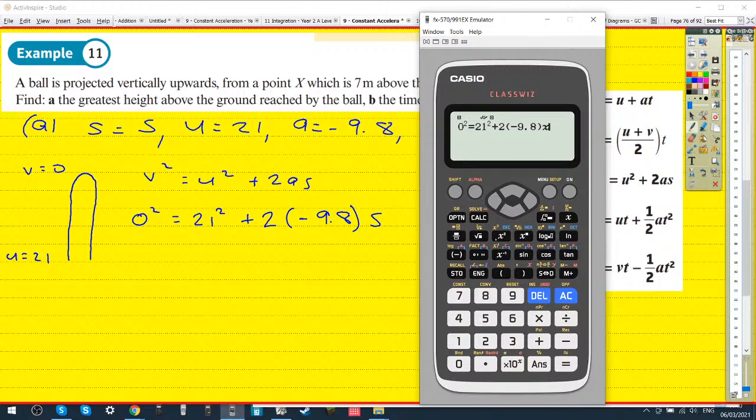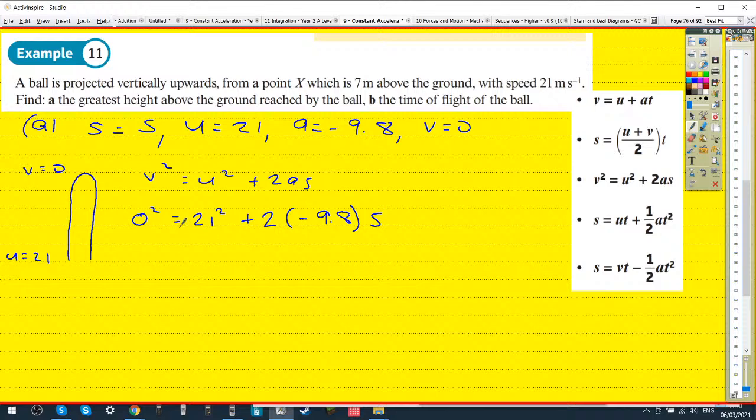Equals 0. And then you take them away, so 441 minus 19.6 is 421.4 s. And then you can divide by s on both sides, and divide by 421.